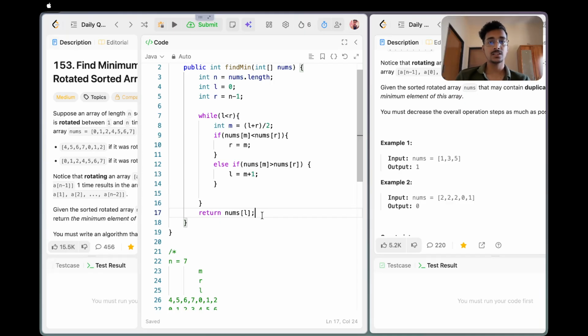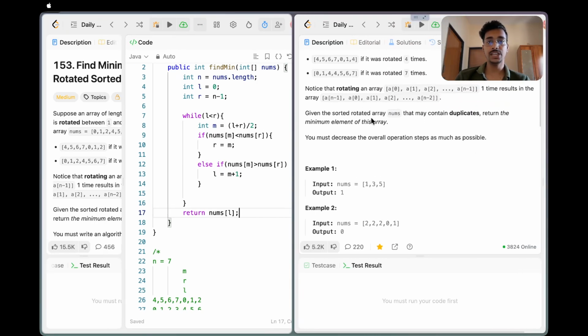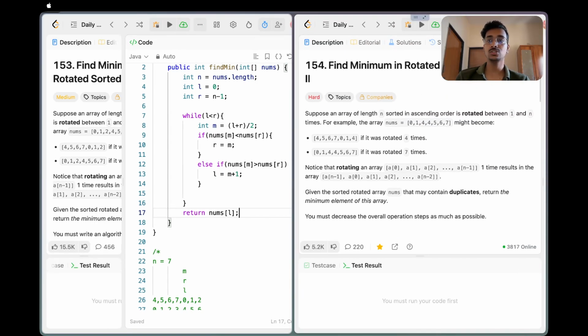For this problem, it is a hard problem. I started almost 5 minutes 20 seconds ago. I already understood the problem statement, so I am targeting that we will solve this problem within 90 minutes.